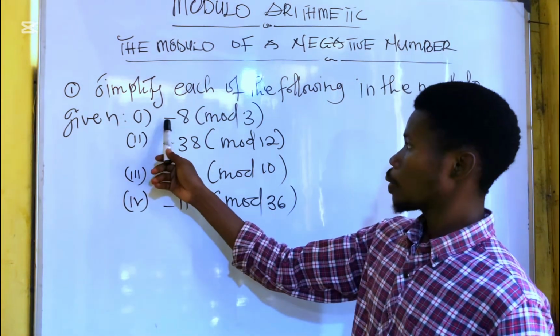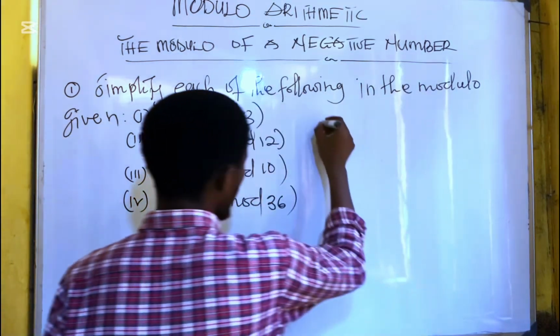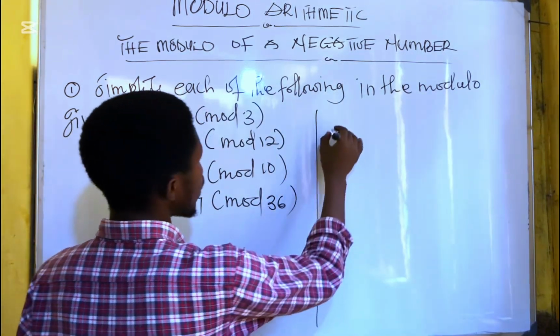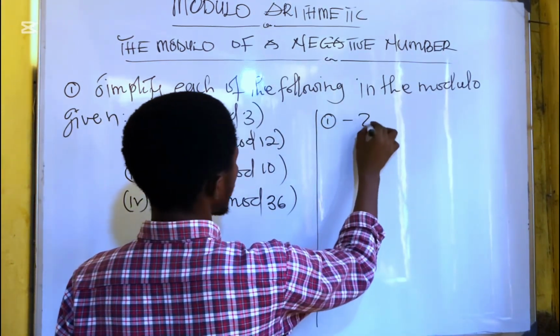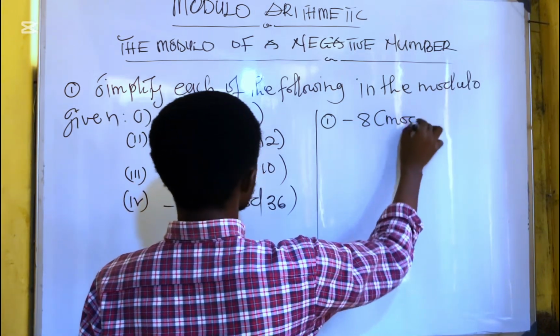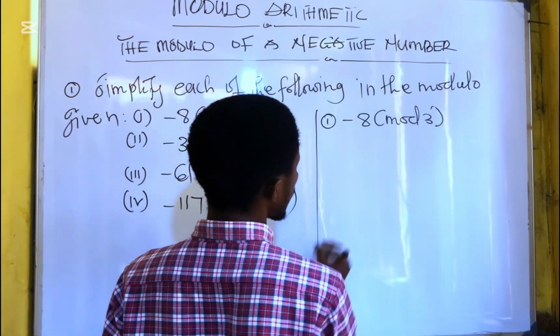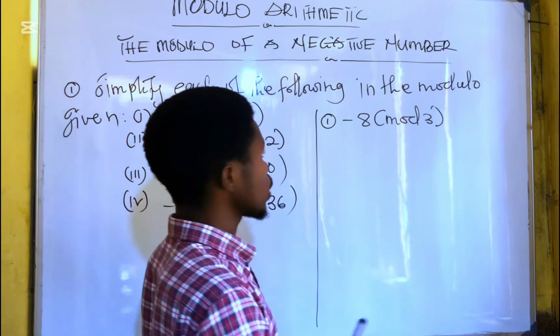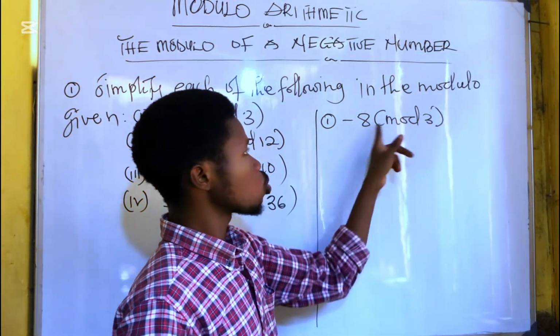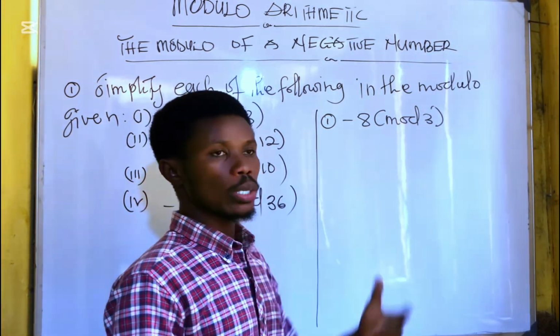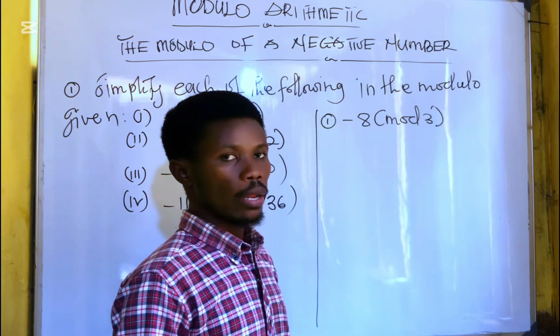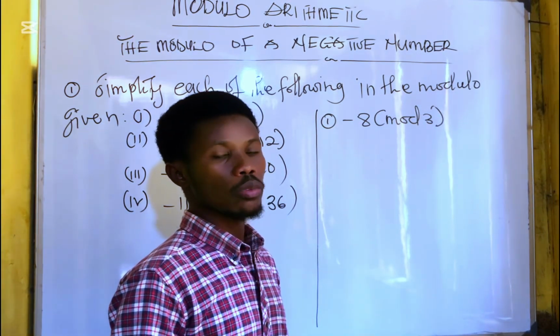So here, let me bring it here. The question is saying negative 8 mod 3. So here, what you are going to do is that because it's negative, you keep on adding the mod to the number given till you get a positive number. And the first positive number you get becomes your answer.